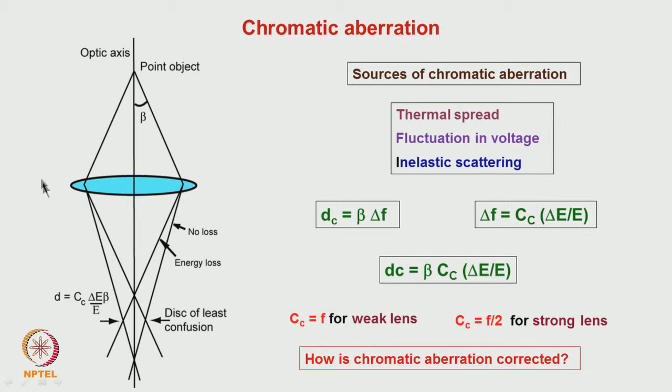Another is that the lenses which we use are electromagnetic lenses, where we apply current. By changing the current, the focal length of the lens itself changes. By making the lens power supply highly stable, we can bring about a reduction in chromatic aberration. These are all the ways the chromatic aberration is corrected.